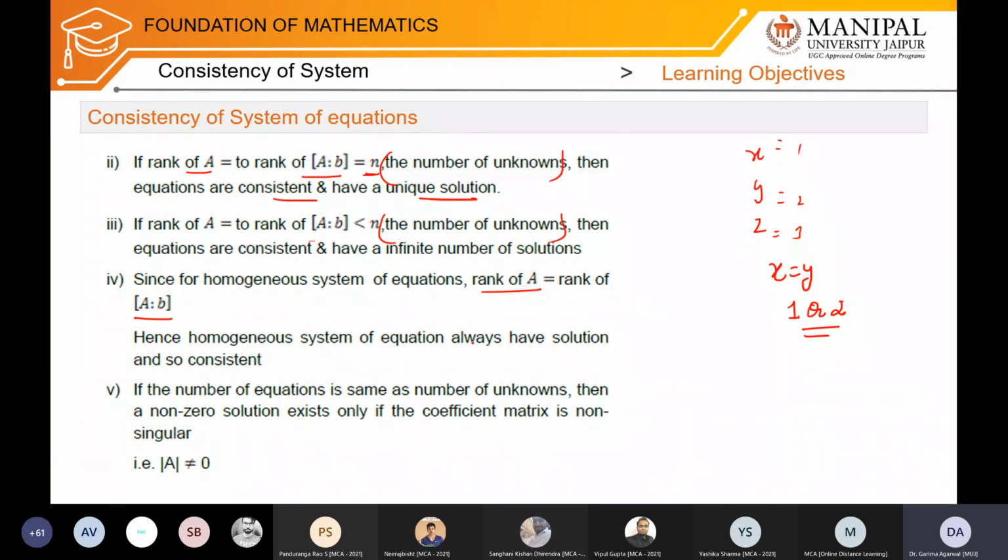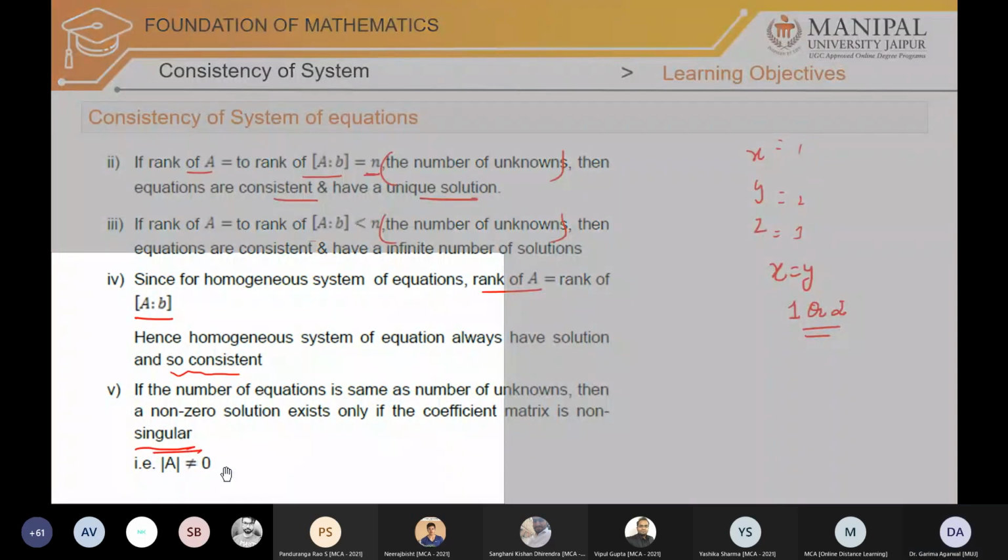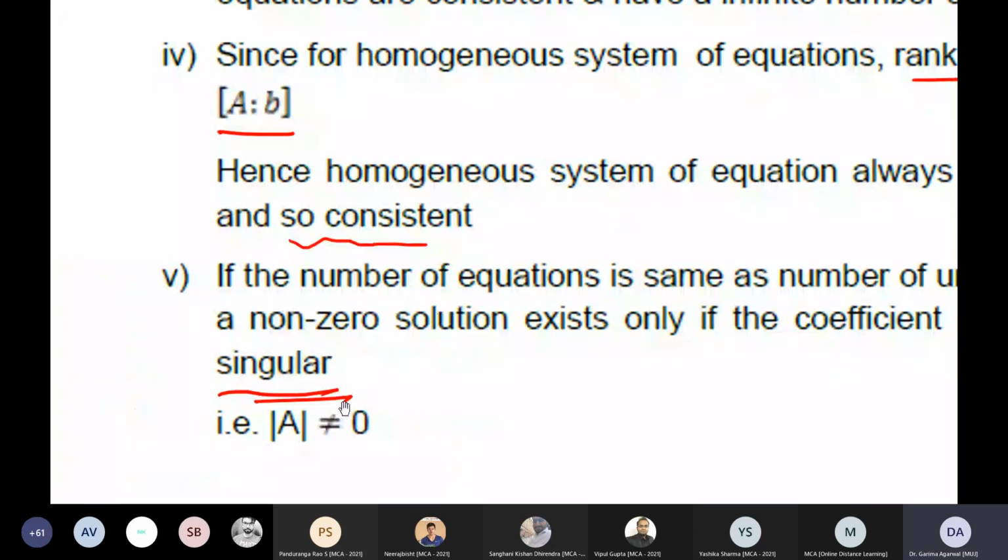So homogeneous system of equations always has a solution and it is consistent, right? If the number of equations is same as number of unknowns, then the non-zero solution exists only if the coefficient matrix is non-singular, right?